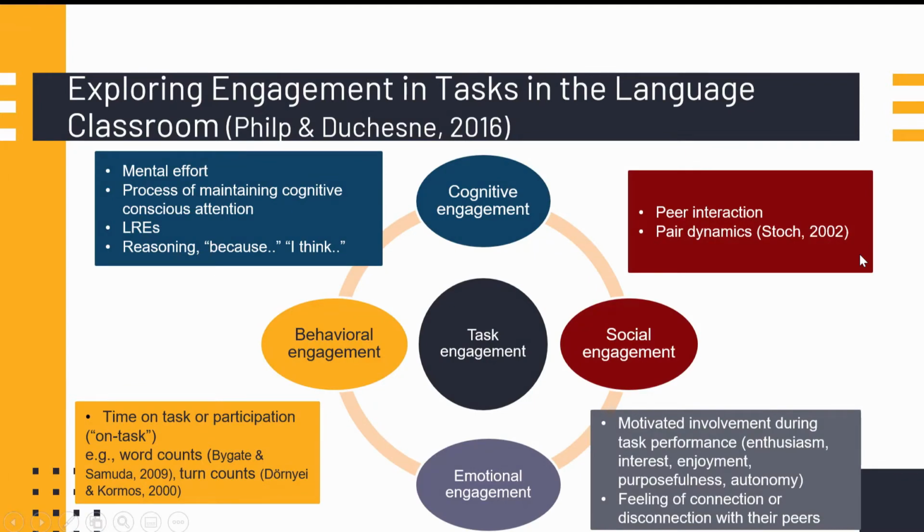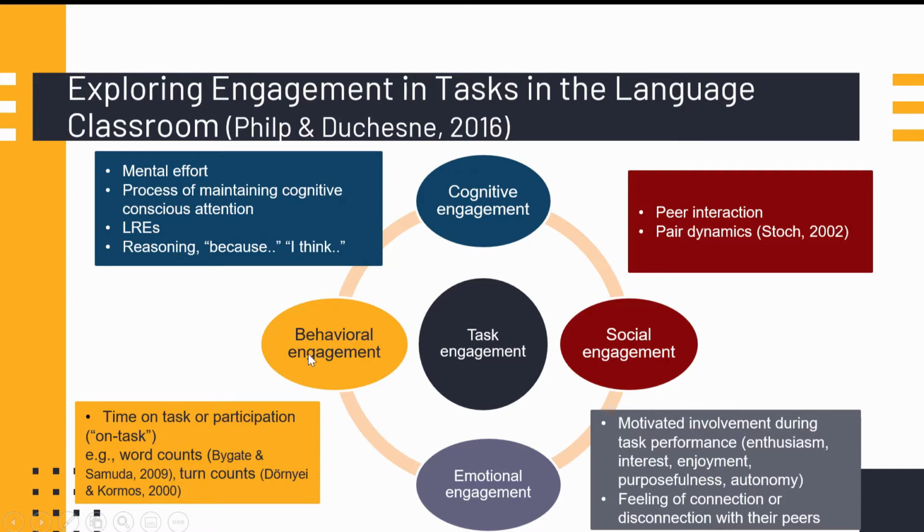So in a later paper, Philp and Duchesne proposed four dimensions of task engagement, which were based on Svalberg's engagement with language: cognitive engagement, social engagement, emotional engagement, and one dimension that they added in their paper, behavioral engagement. Behavioral engagement is time on task or participation.